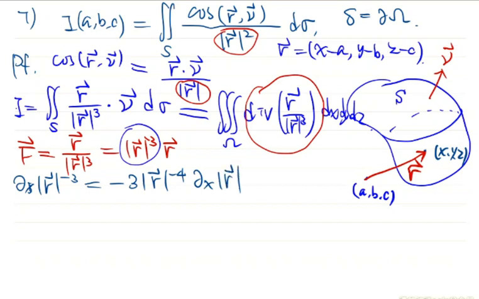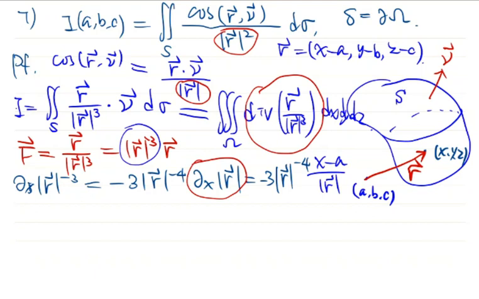So this will be minus 3 minus 4. The partial derivative of this norm of R with respect to x, we have computed this several times. We know that the result is x minus a over the norm of R.